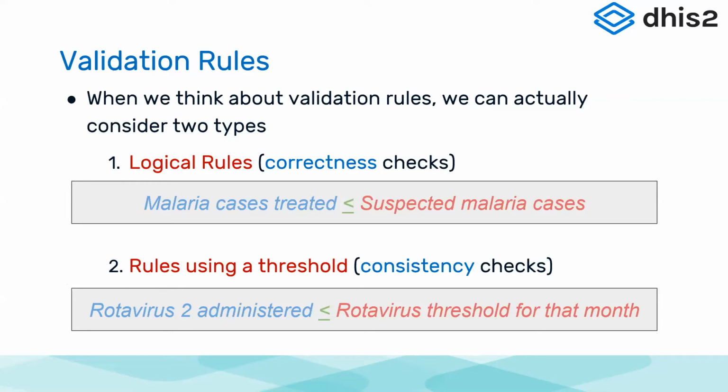The threshold is not a value collected through the data entry interface, but a value generated using values entered into the system. By using these rules, you are usually checking consistency of data over time. Those are the two types of validation rules we use in DHIS2.